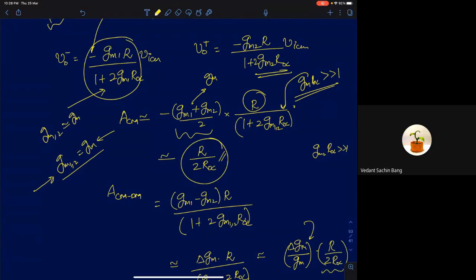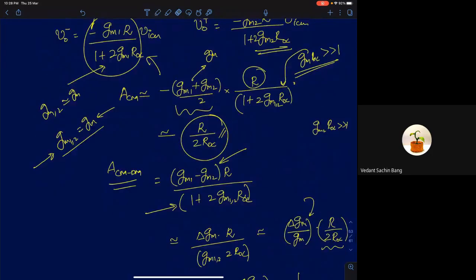Now, ACM-DM is the difference between the two output voltages. You calculate that, and you're going to get GM1 minus GM2 into R by the same denominator. If you recall the previous problem which we did for a voltage biased differential pair, what we noticed was that this denominator factor did not exist.